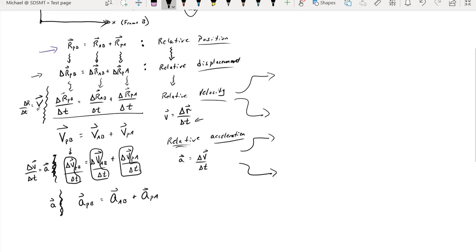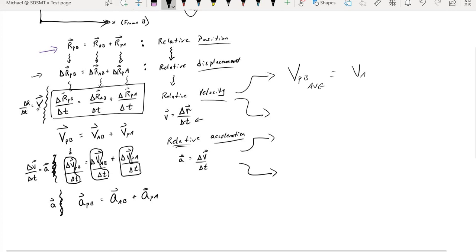And that is because whenever you have delta t, remember delta t can be too big, and so every one of these terms that is using a large time interval would have to be considered an average. And so every one of these terms would have to be considered as an average velocity.